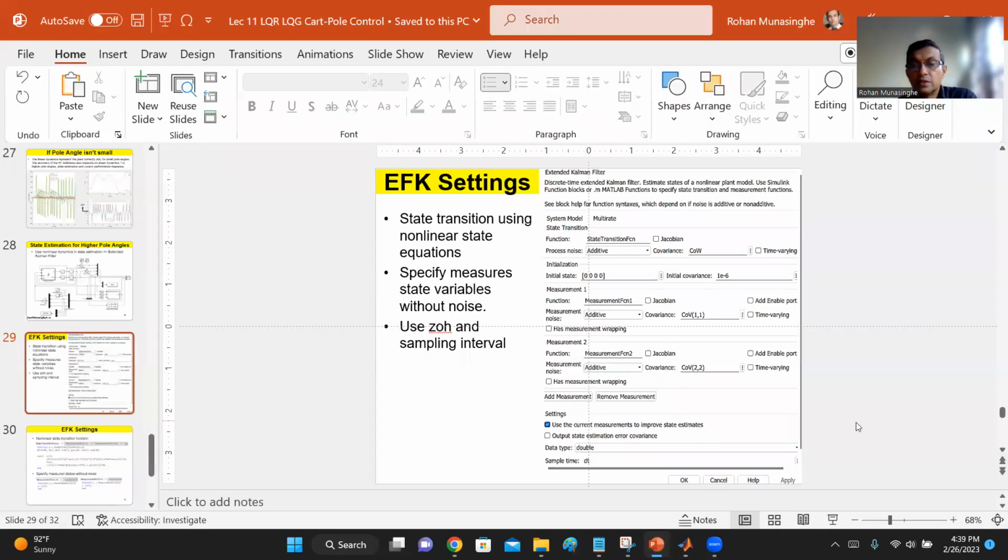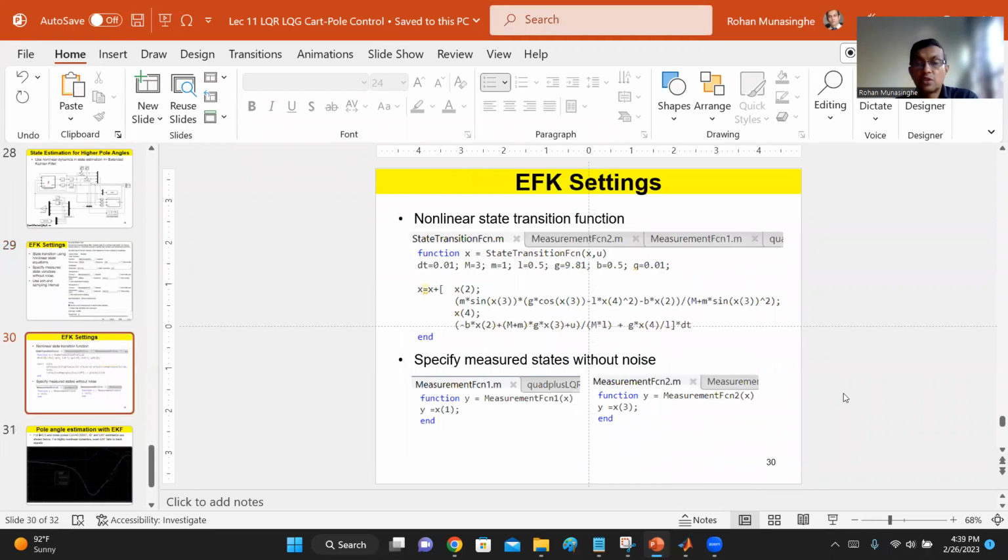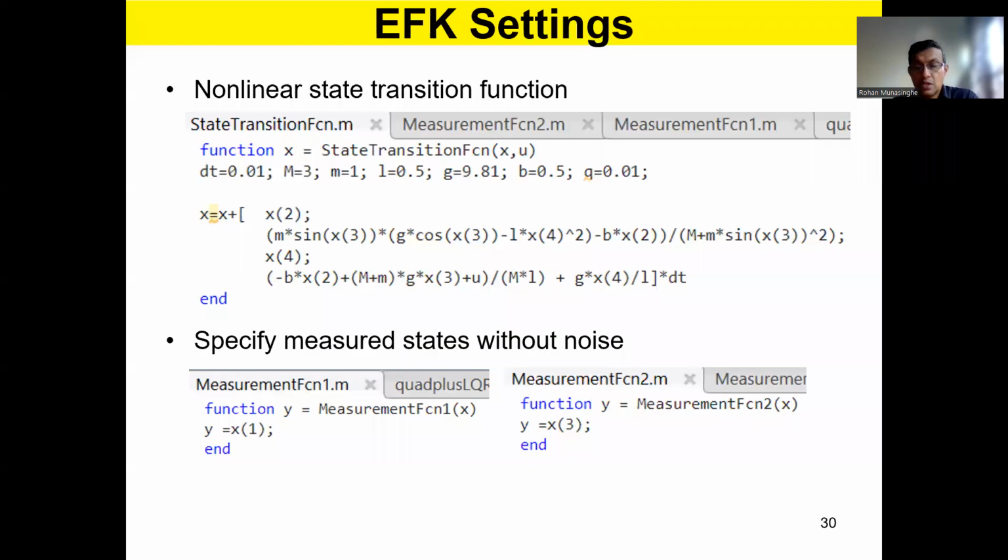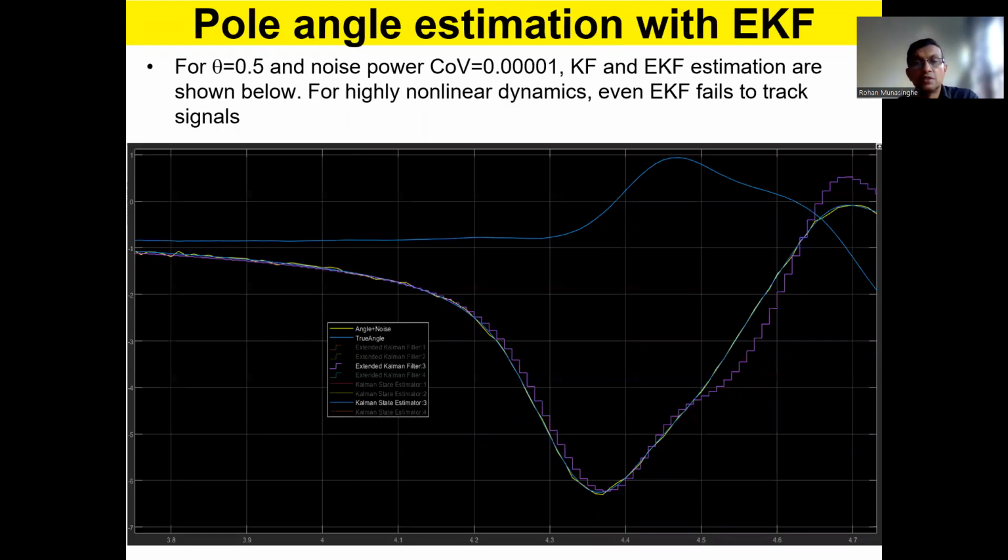All right, so that's all I want to discuss today with you. The remaining few slides will explain the internals of the extended Kalman filter, measurement functions, state transition, and so on.